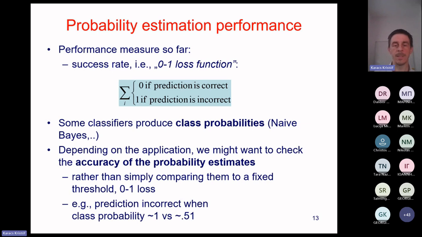And in these cases, it might not be enough, or we can actually do better than just looking at how many of the predictions were correct and how many were incorrect, which we could also define as 0-1 loss function, where loss is basically a metric of how much error did we make.